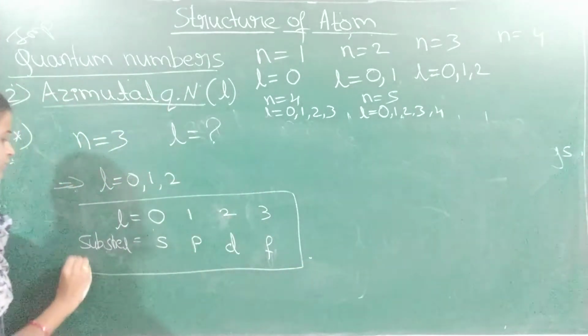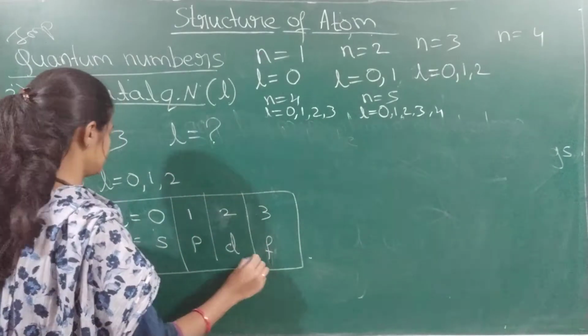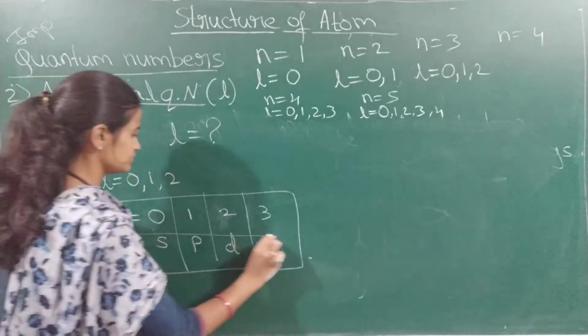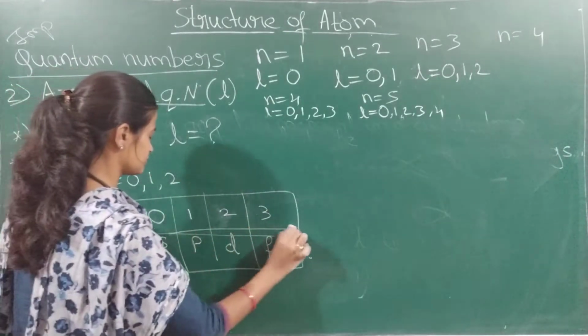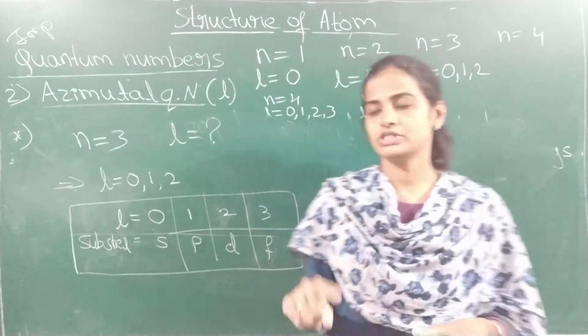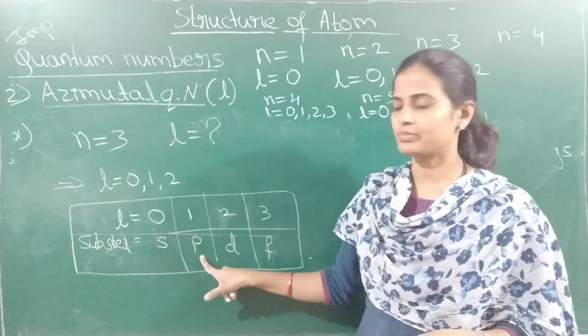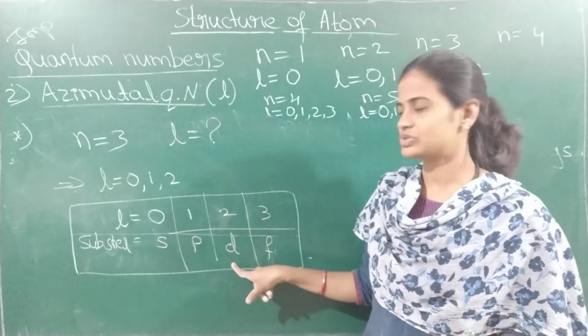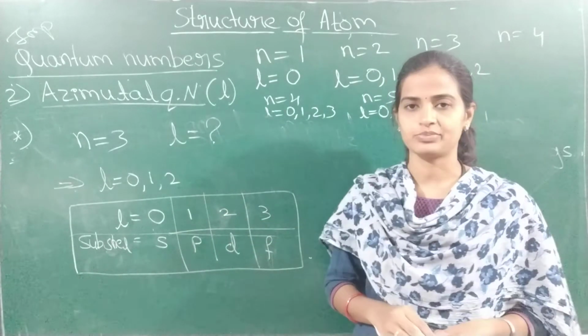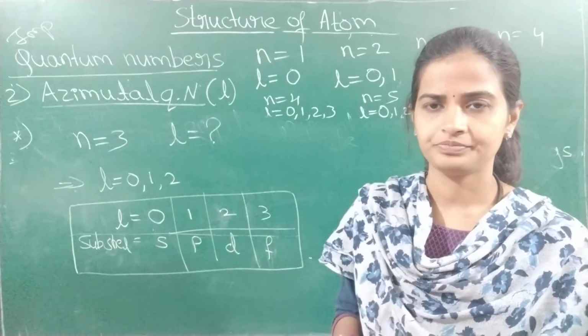It will be continued like g and all, but we are not studying that. Okay. If value of l is equal to 0, then it is s subshell. l is equal to 1, p subshell. l is equal to 2, d subshell. l is equal to 3, f subshell. Yes, students, so much information we got here.